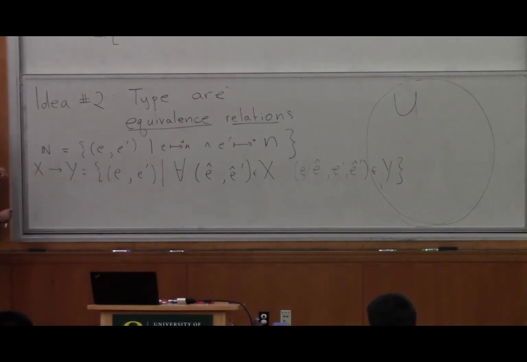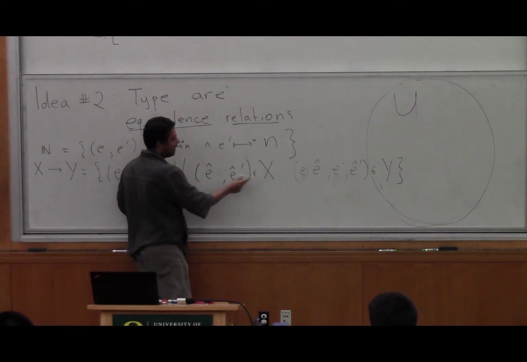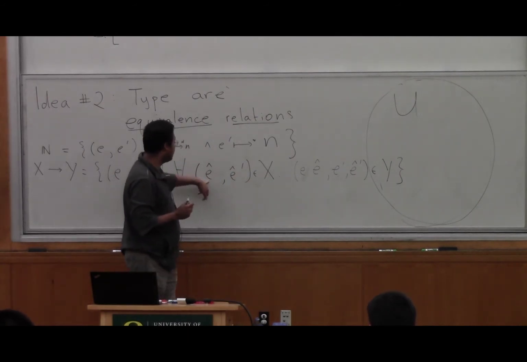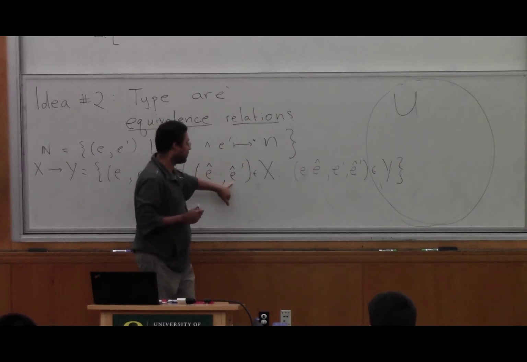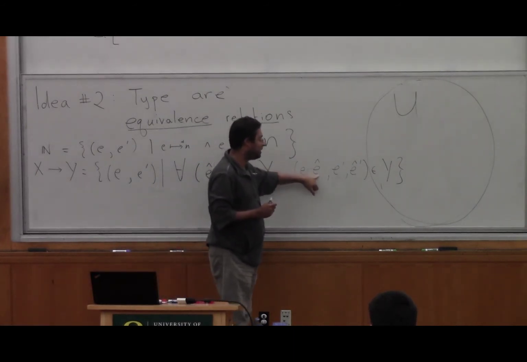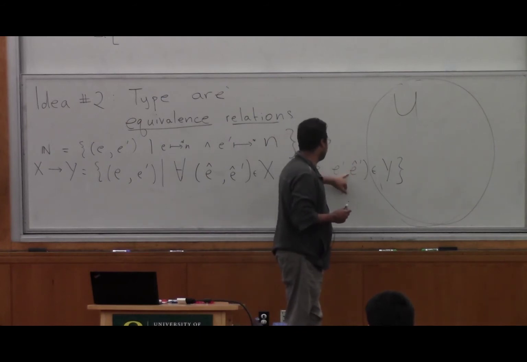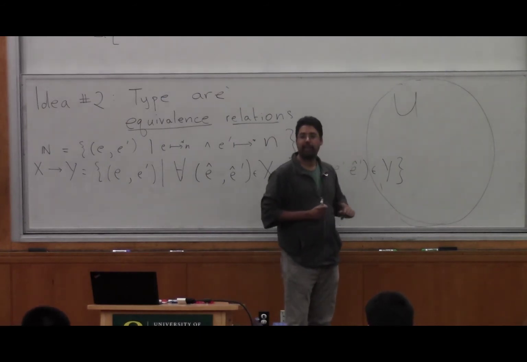We're going to define functions as pairs of expressions that, if you give them equal arguments, give equal results. So if E hat is equal to E hat prime, then I want E applied to E hat to be equal to E prime applied to E hat prime. Yes?